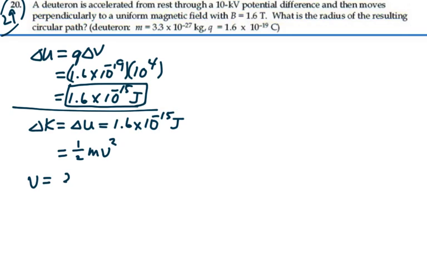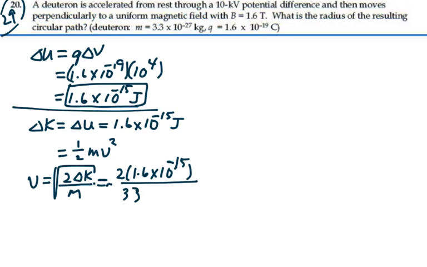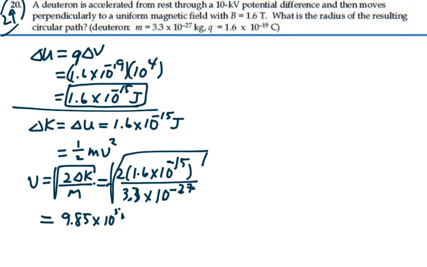So our final velocity is going to equal the square root of 2 times the change in kinetic energy divided by the mass, which is, if I can get this right, 2 times 1.6 times 10 to the minus 15 joules over the mass, 3.3, approximately twice the mass of a proton, times 10 to the minus 27, all this square root, and that's equal to 9.85 times 10 to the 5 meters per second.